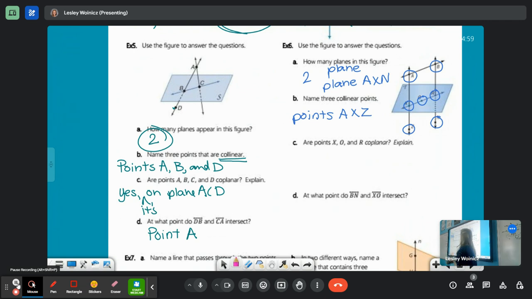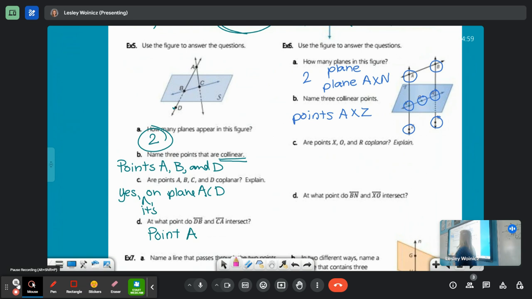Okay, are points X, O, and R coplanar? Yeah, we said they all lie in which plane? Which other plane do they also lie in? Yeah, they lie in both of our two planes.